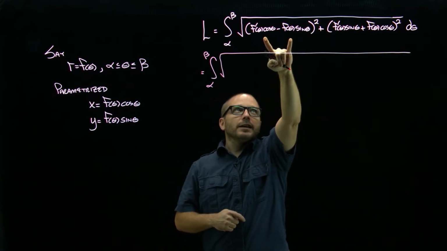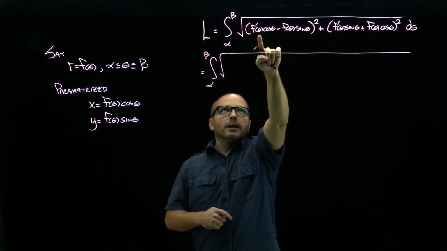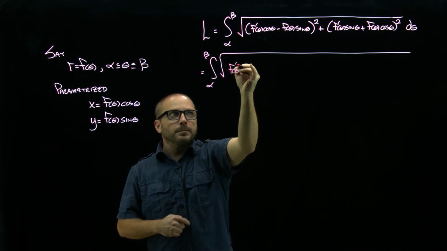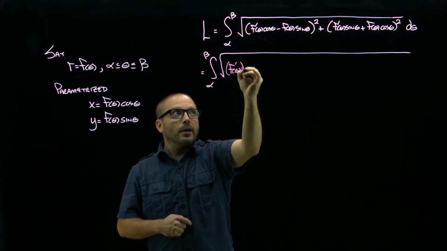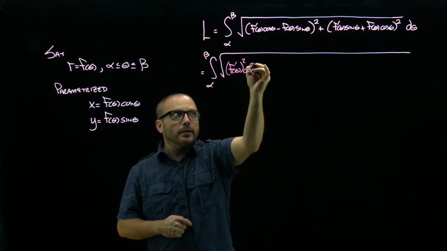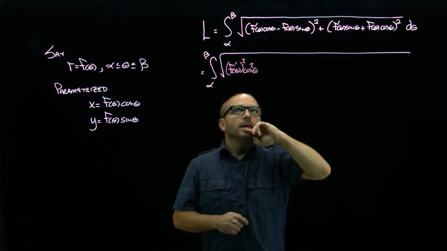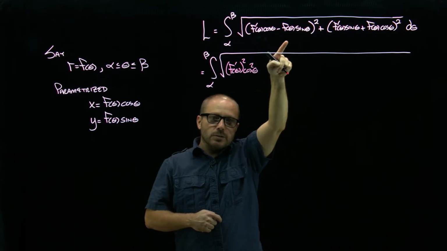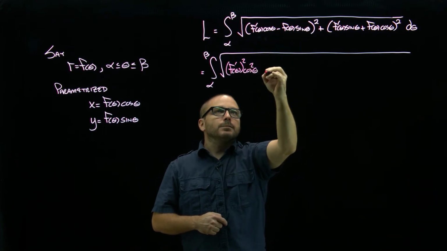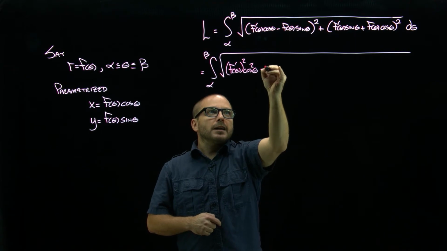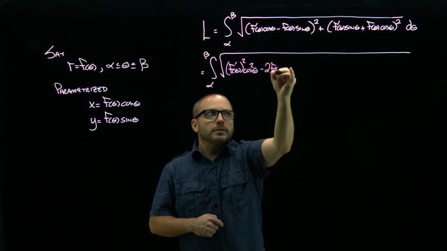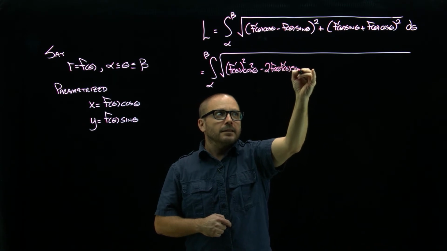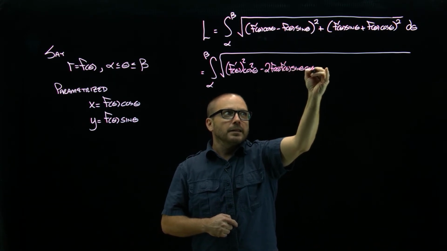So when I FOIL this, you're going to have the first term squared. So that's f prime squared cosine squared. Then when you FOIL out, you get the product of those two terms twice, right? So you're going to get minus 2 f prime sine cosine.